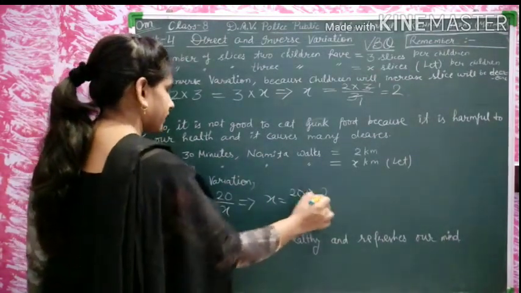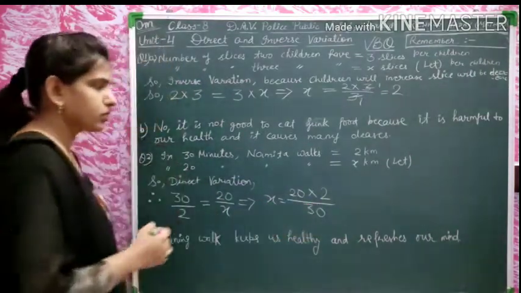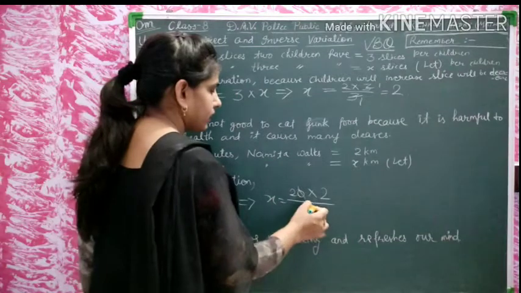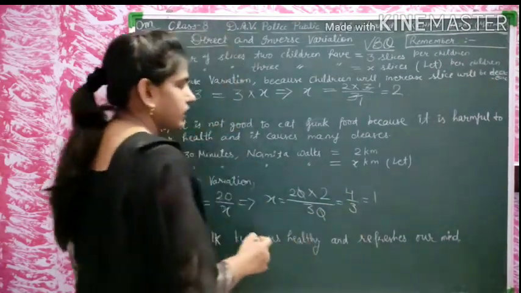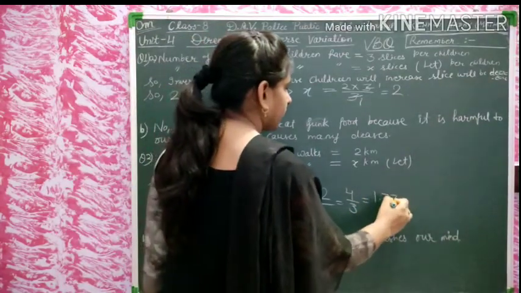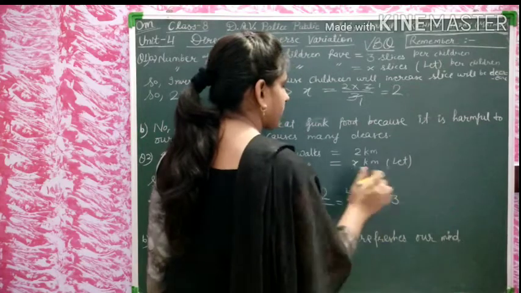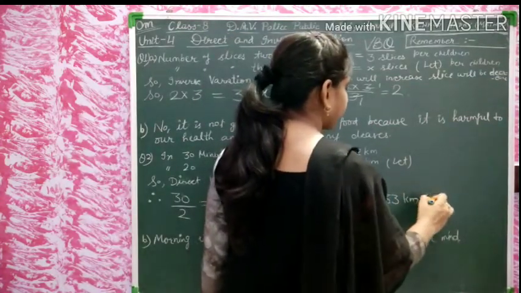Is it clear, students? Now we will cancel these quantities. So x equals 4 by 3, which is about 1.3 kilometers approximately. Doing it like this, we will stop here.